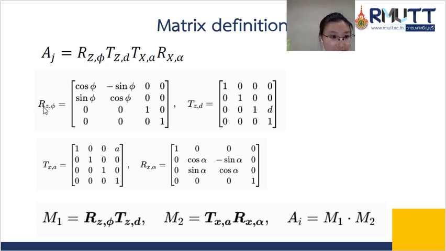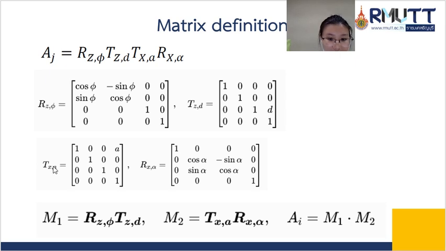The R z phi is the rotation about the z axis by phi. The T z d is the translation along the z axis by d.